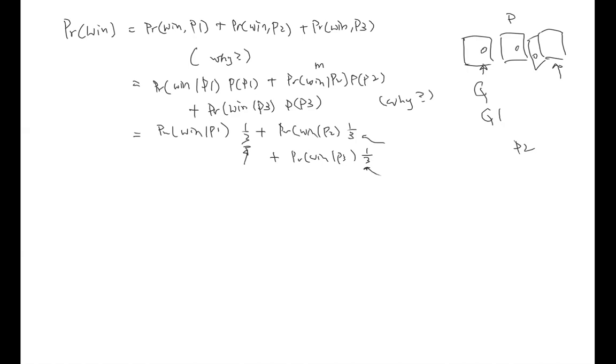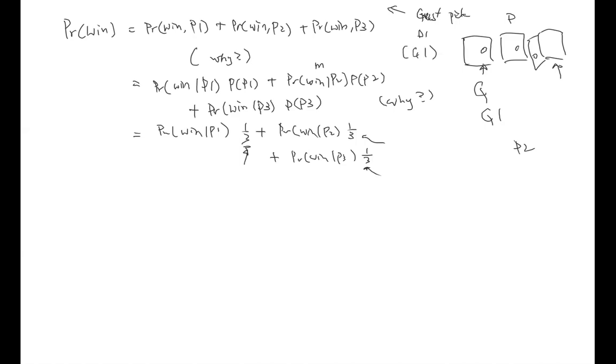Okay, at the beginning I forgot the condition here. Besides that we are going to switch, we are assuming that the guest picks the first door, door one, or G1. That's the condition that we assume.